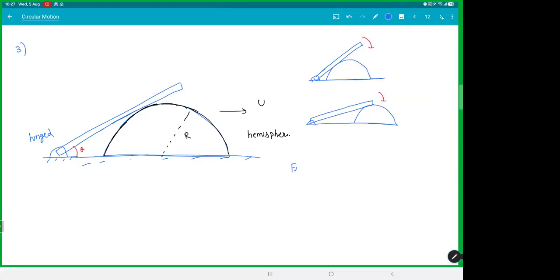So find omega of the rod when theta is 60 degrees. So when this angle becomes 60 degrees, what is the omega of the rod?